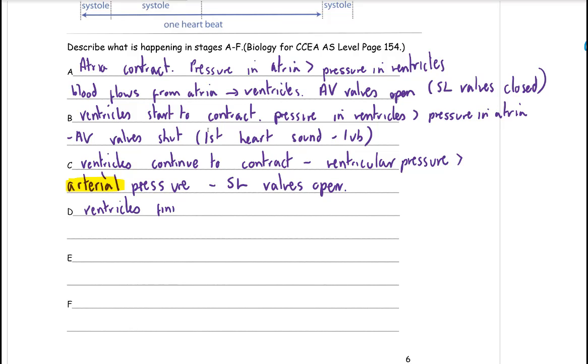So at D, the ventricles are finished contracting and they start to relax. So at this point, arterial or aortic pressure is greater than ventricular pressure.